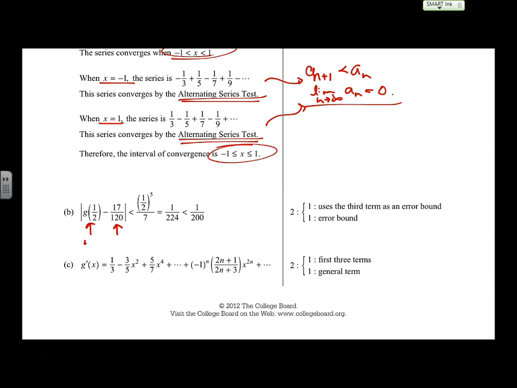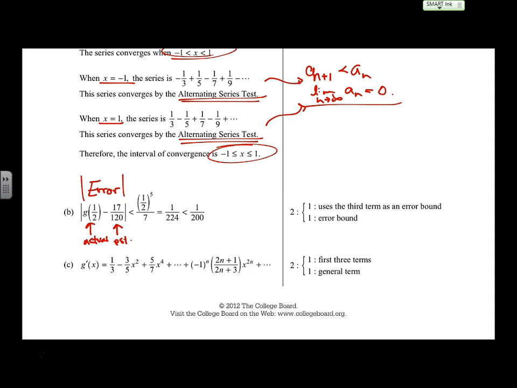This is their version of talking about the estimation using the first two terms. You could have tried to use some sort of notation for that. You could have just said error if you wanted to, I suppose. The absolute value of the error is going to be less than. I put therefore the approximation of G of 1/2 is less than 1 over 200.